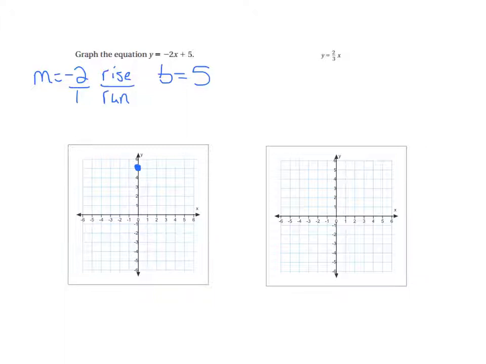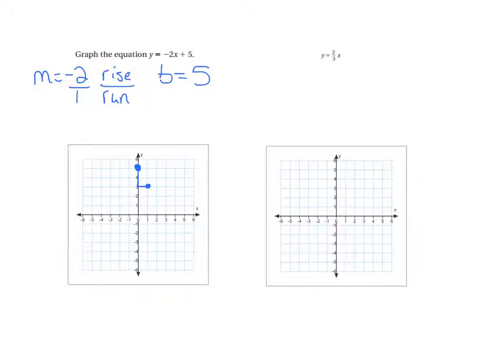So, put your pencil at the 5, and I'm going to rise negative 2. How do you rise negatively? You go down. So I'm going to go down 2, and I'm going to run 1. But notice the 1 is positive. The 1's not negative. So I'm going to run to the right 1 spot. Okay? I've got 2 points.